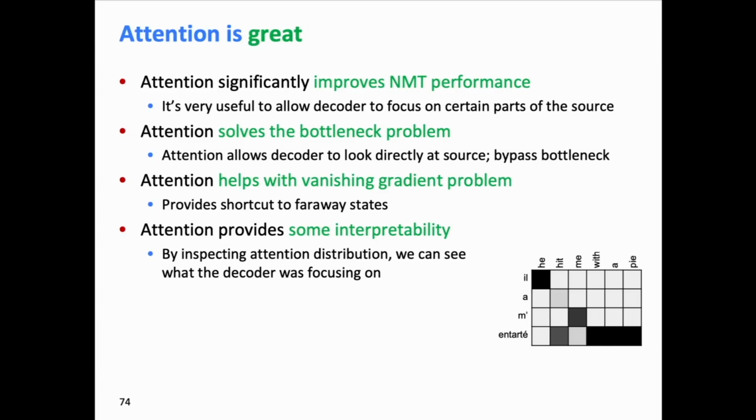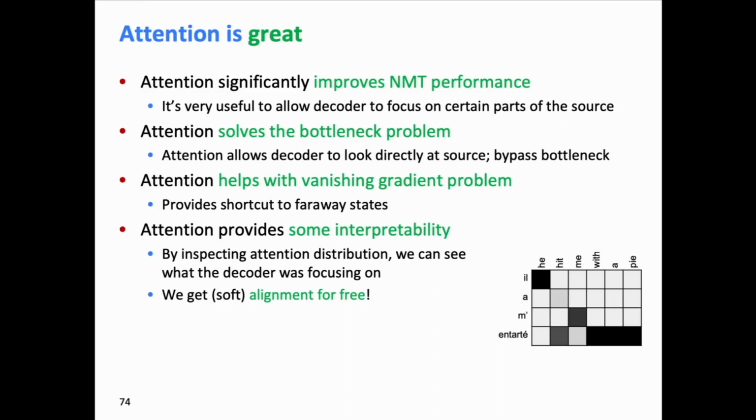So you might see something like this, where it was focusing on different words at different steps. This is basically the same kind of plot that we had earlier with the hard notion of alignment in SMT, except that we have more flexibility to have a softer version of alignment. For example, when we produced the English word hit, perhaps we were mostly looking at entente, but we were also looking a little bit at a.